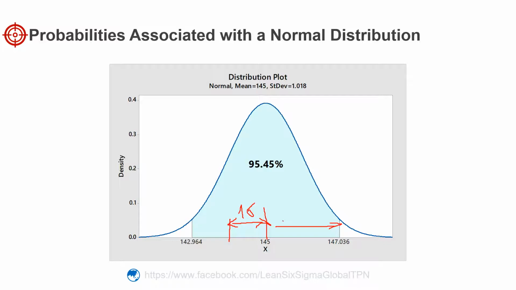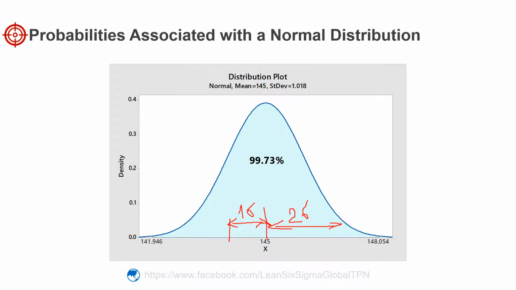This is two standard deviations, and 99.73% lies within three standard deviations. This is three standard deviations, three sigma.